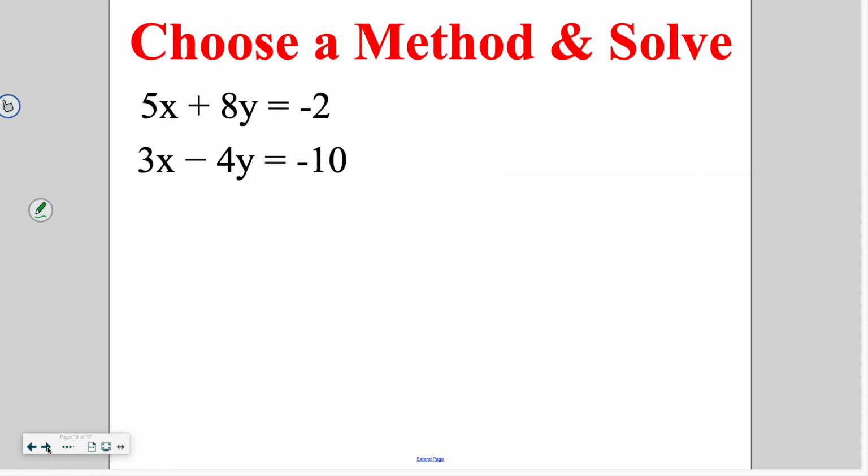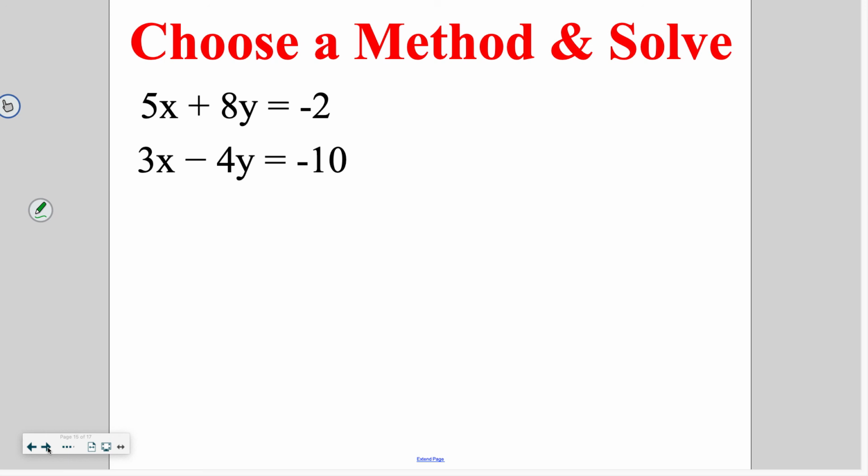So looking at this next problem, we've got 5x plus 8y is equal to negative 2, 3x minus 4y is equal to negative 10. Neither of them are in y equals mx plus b format, so graphing's off the table. Neither of them are solved for a variable or have a coefficient of 1, so substitution isn't really going to help us. So we're going to go to elimination then.